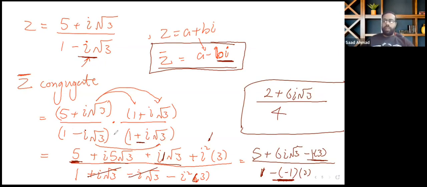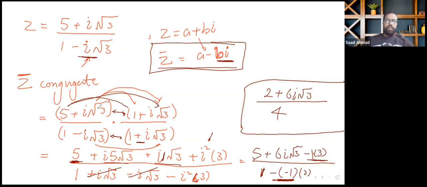But since we cannot just multiply the denominator, we also multiplied the numerator. Then we applied the FOIL rule for the multiplication. First we do 5 times 1 and 5 times this thing, right?